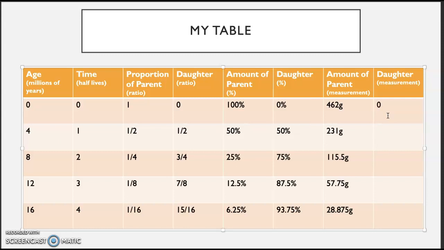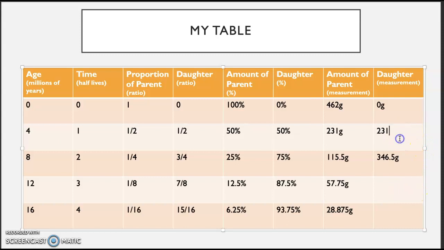And then the daughter, again, we're getting it back to a whole number here. Oh, I'm doing this wrong. This is 231. My bad. 346.5.